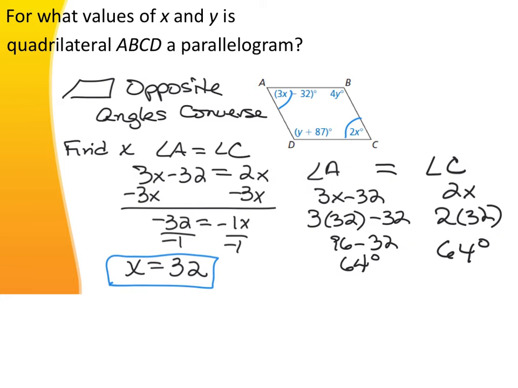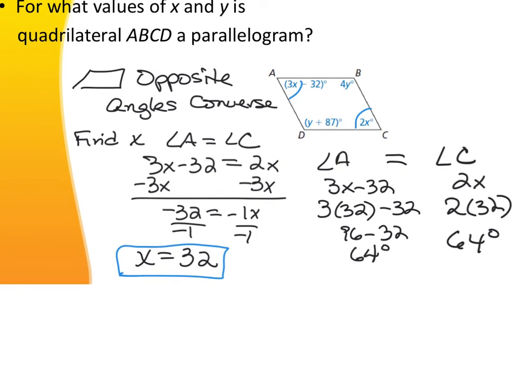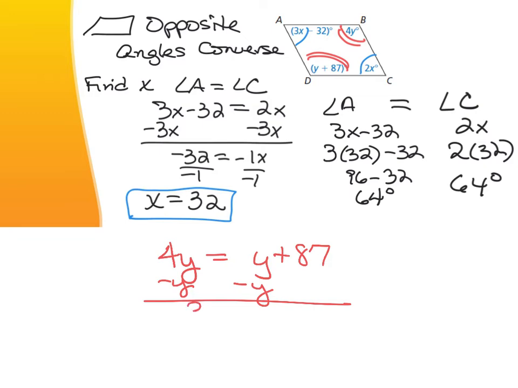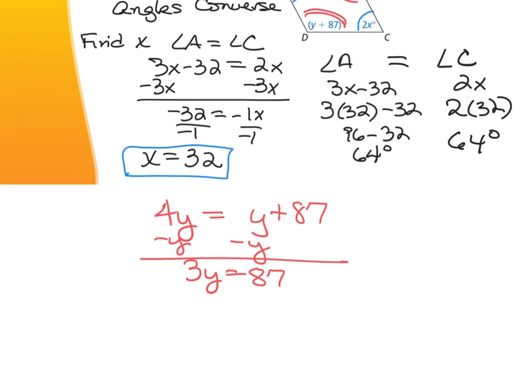Now let's find y. So again, we know opposite angles are congruent. So I'm going to set 4y equal to y plus 87. Going to move my y over. 3y equals 87. Divide by 3, and y equals 29.